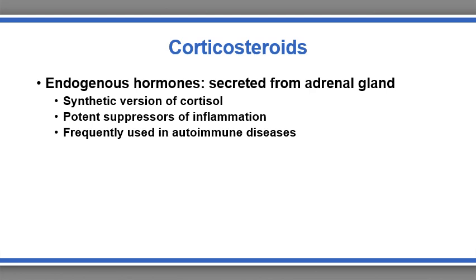It sounds strange, but one of the adverse effects is that you do get a suppressed immune response. However, in individuals that have autoimmune diseases, their immune system is effectively overactive, so in those cases you are looking to suppress the immune system, and that's where corticosteroids get utilized in those circumstances.